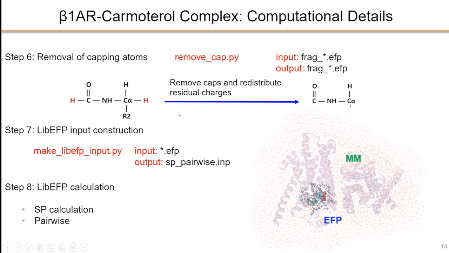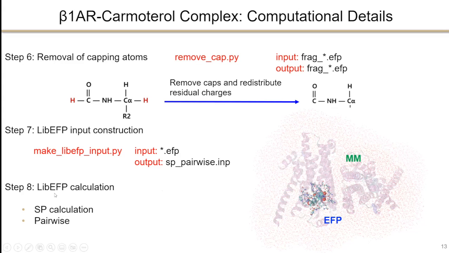Next, we use another script called make EFP input that will just search for all the EFP files that we have in our directory, and it will create an output called, in this case, sp pairwise.inp, that is ready to run with EFP.